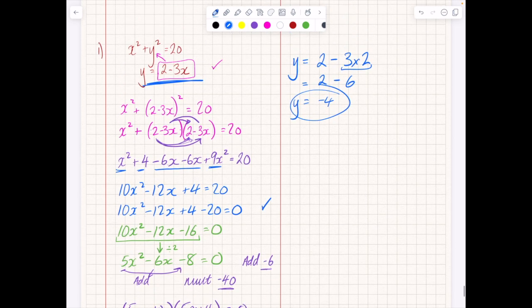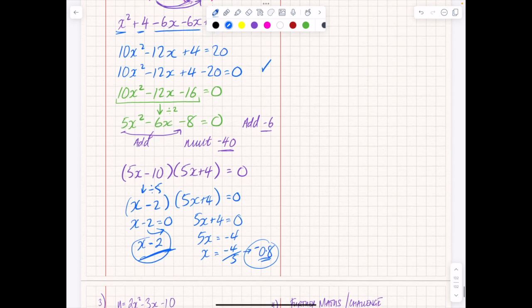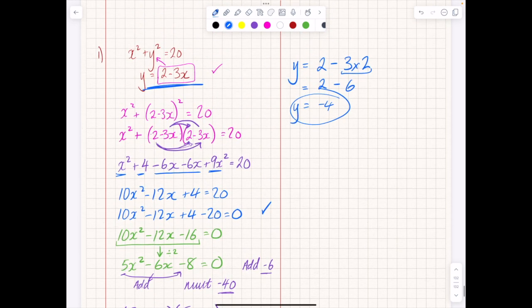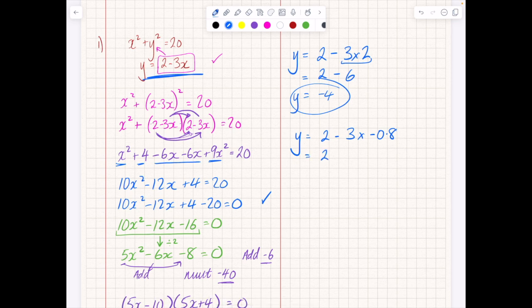And then if I repeat that process, but this time with minus 0.8, y is equal to 2 minus 3 times negative 0.8. So just be really careful with that step there. You're doing 2, and then minus 3 times minus 0.8 is going to become a positive. That's basically just saying what is 80% of 3. You could either use a calculator or work it out.